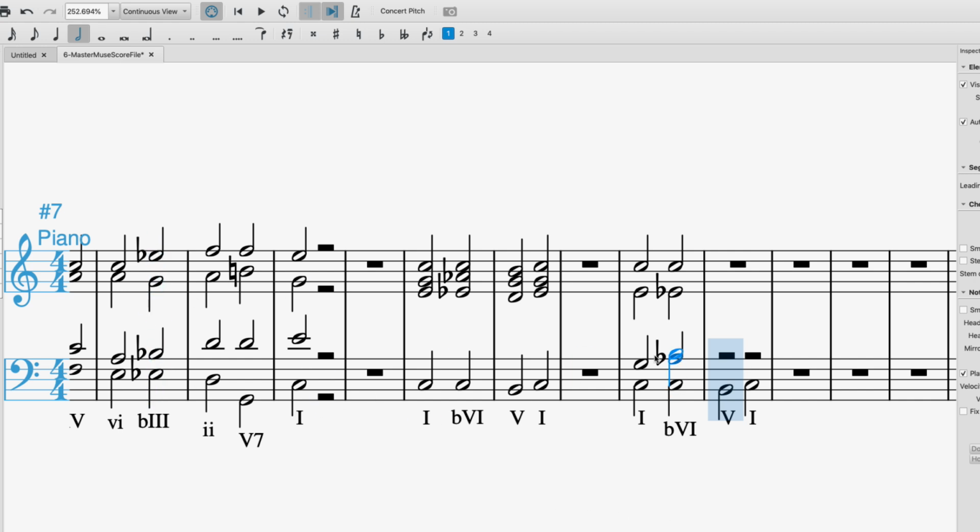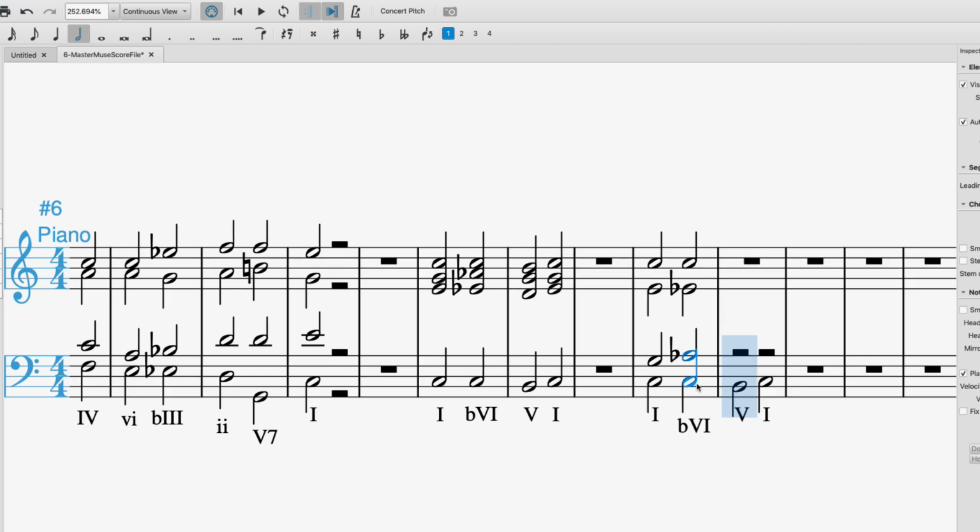It's not a hard rule. But it's doubling the third, so it's okay. Okay, so I think everything's okay. There's sort of a parallel octave here between C and C and C and C, but let's not worry about that for now. Let's move on.